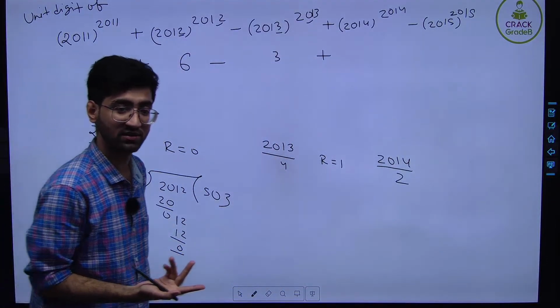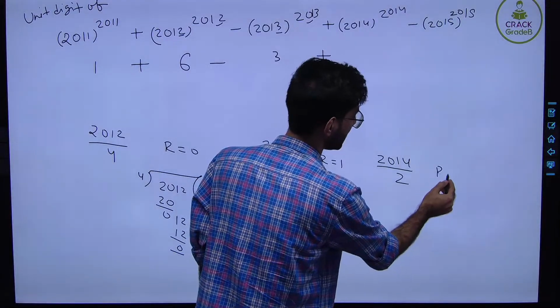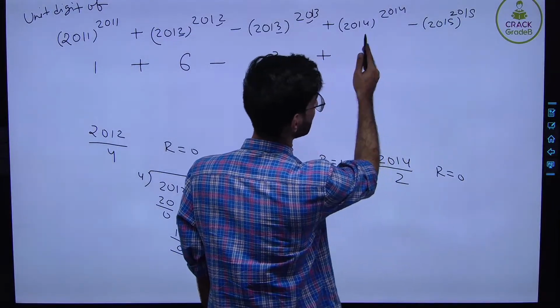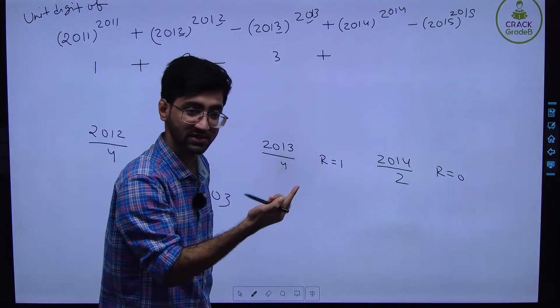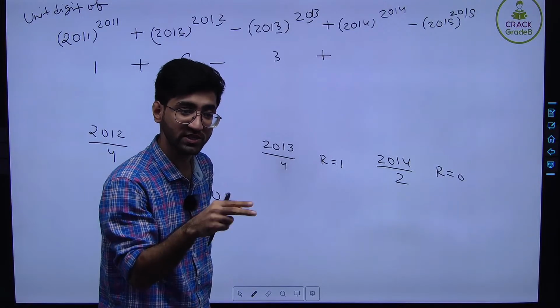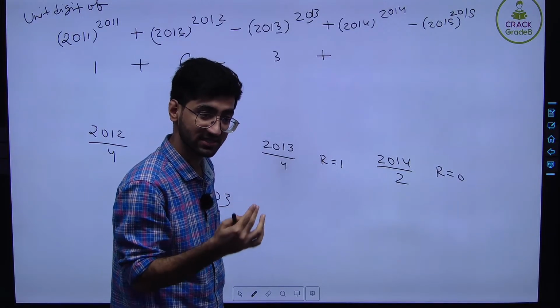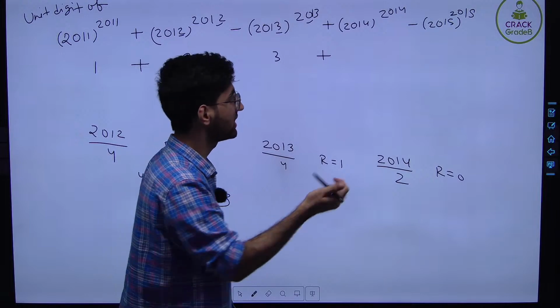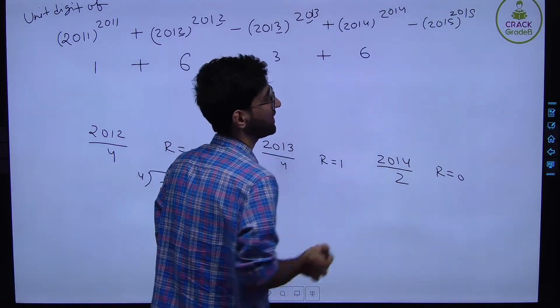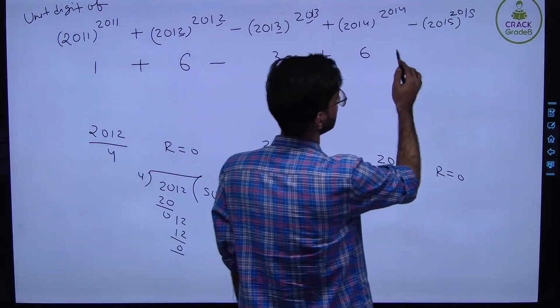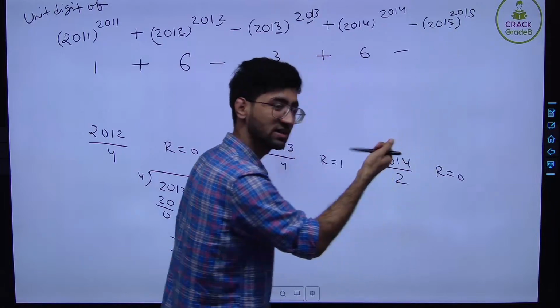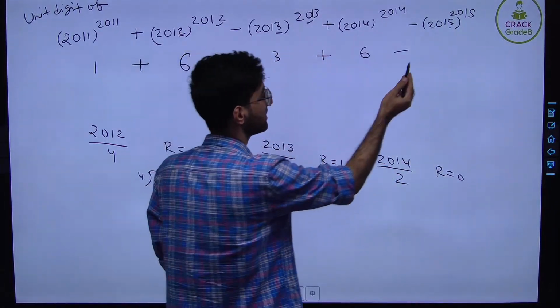Any doubt? Right? So if remainder is 0, then you will have to think about the cyclicity of 4. The cyclicity of 4 is 2, means 4 to the power 2 is 16, means at unit place 6 will come, right? Again 5 is here, means 5 will come at this place, right?